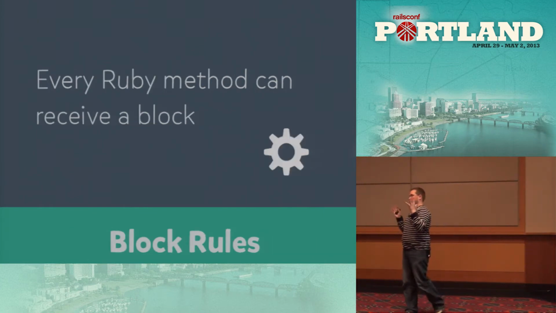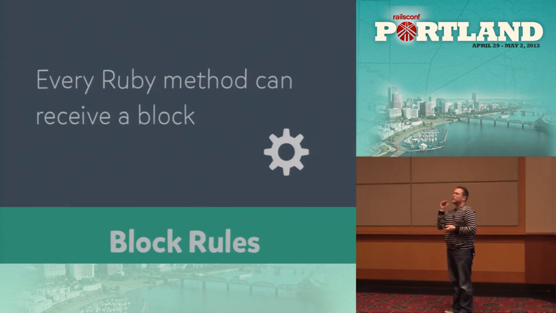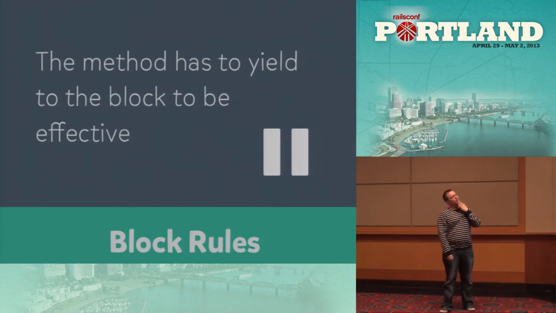Some details about the block. Every method in Ruby can receive a block. And you, as you're developing it, don't actually have to do anything to let somebody send a block in. But if you want to make use of the sent in block, you actually have to yield to it. And you see yield most in Rails apps, mostly in the view, right?